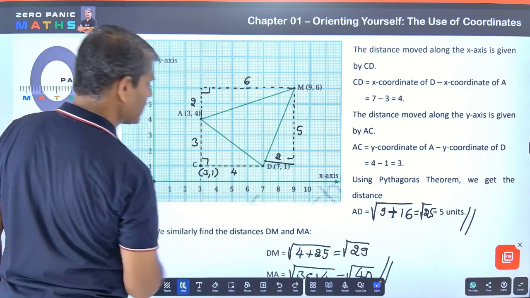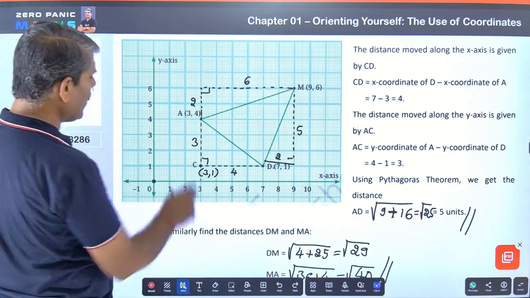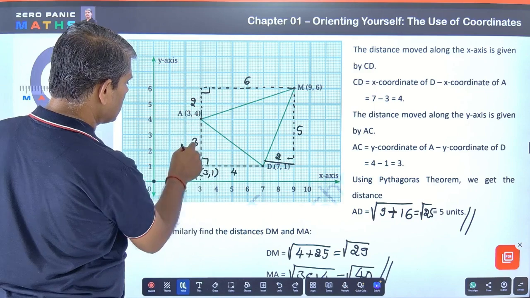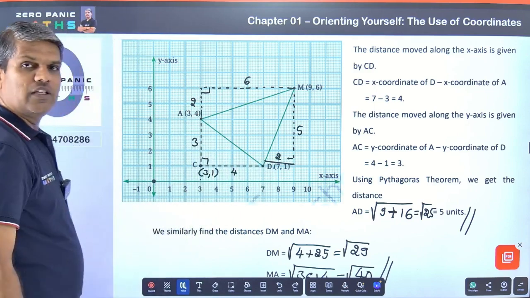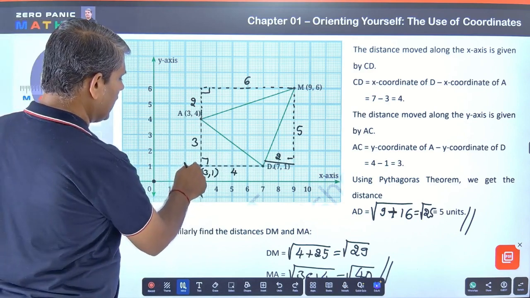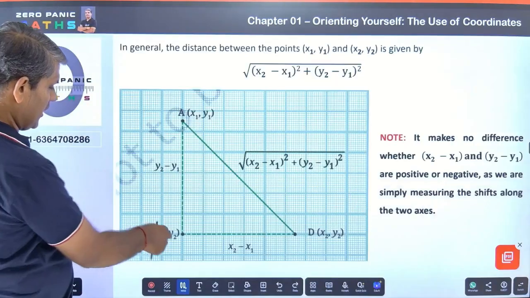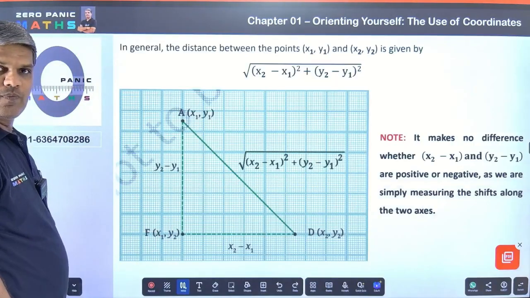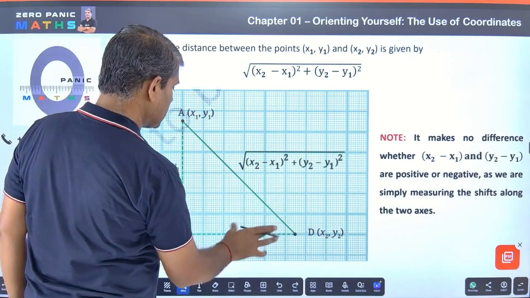That is the reason you are getting this. You got my point? You see that 4 minus 1 is 3 and 7 minus 3 is 4. So that's why this point is always x1, y2. Okay, and that is given here, x1, y2. You understood this?